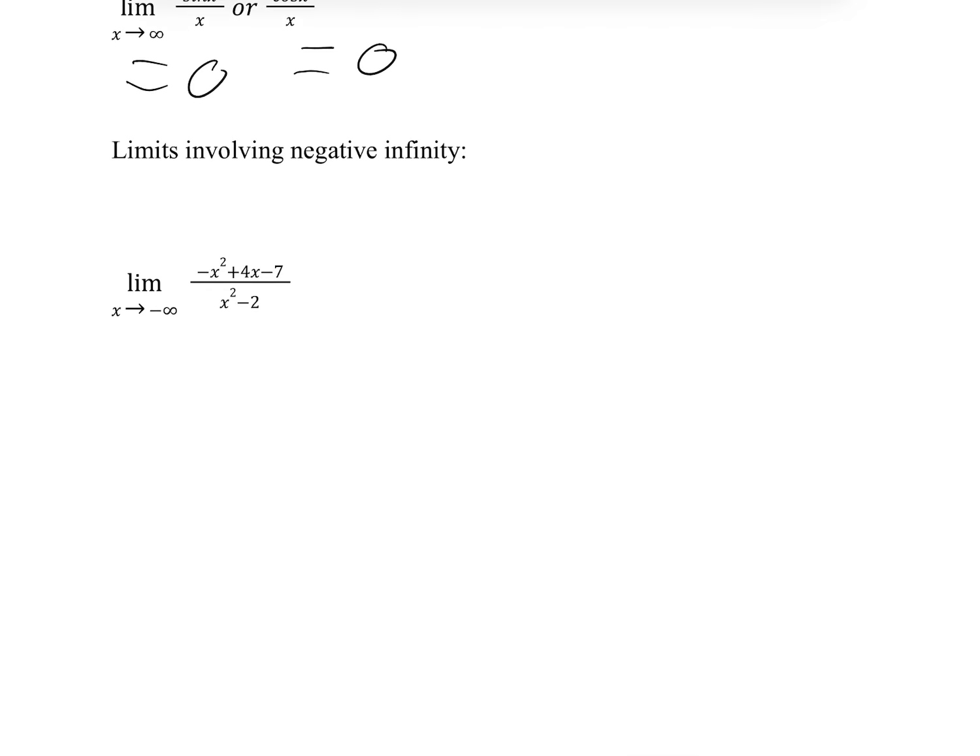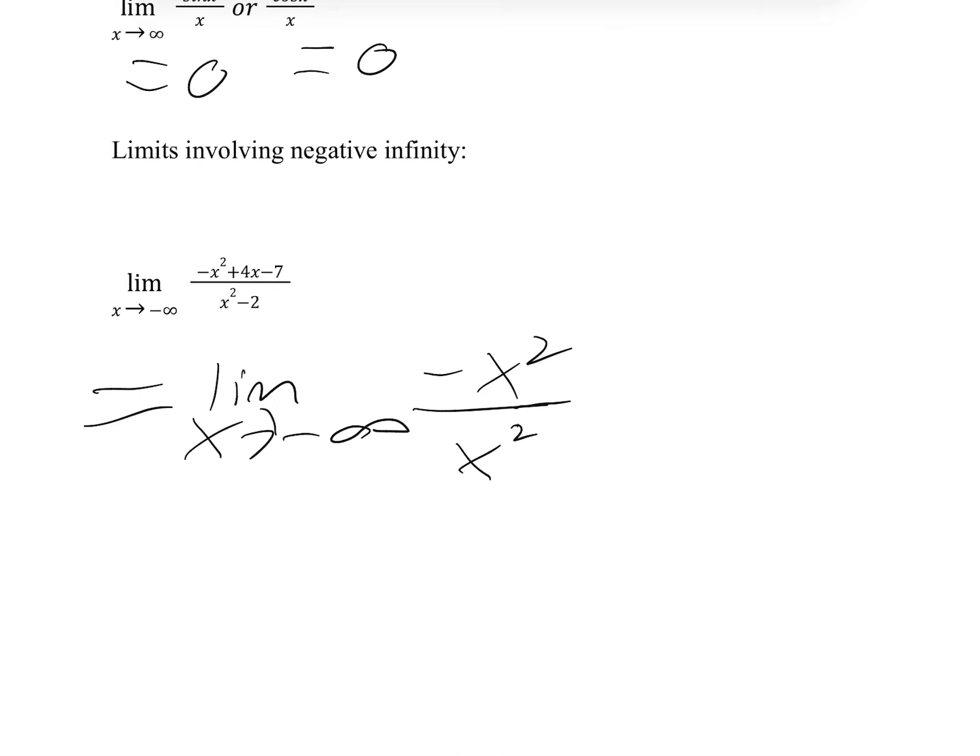Now, what if we have limits involving negative infinity? Pretty much the same thing, you just need to consider the negative side. So this will equal the limit as x goes to negative infinity, and we still have to consider those highest powers.